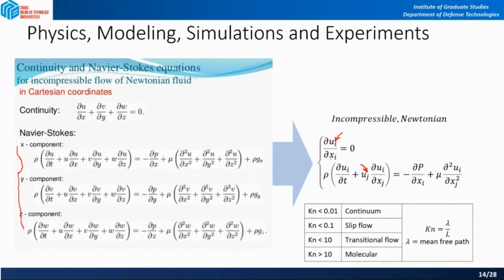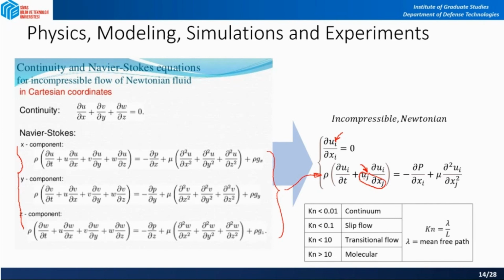We will talk about this, but you have to know all of these when we want to proceed. And you see that instead of three equations in here, I just wrote this equation: rho times dui dt plus uj dui dxj. Again in here you have a repeating index.